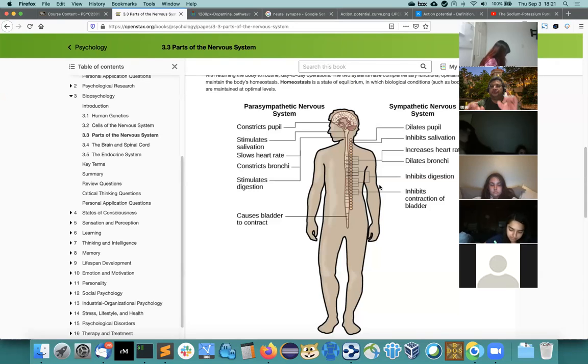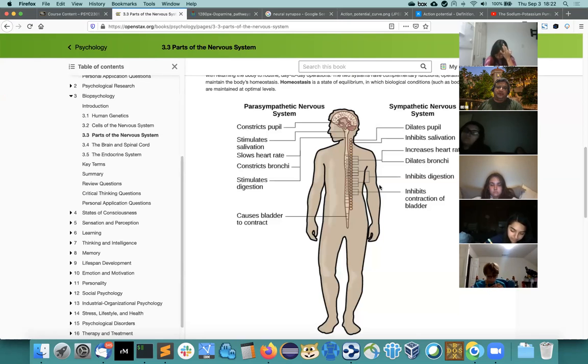It also constricts the little tubes in your lungs, the bronchi, so that you can conserve some energy in breathing. It also gets your guts working. The parasympathetic nervous system gets your guts working as well as your sexual organs, right?